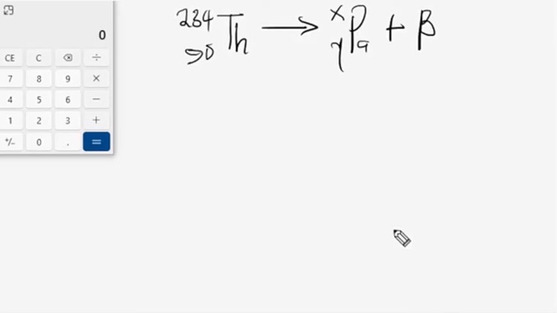So guys, for a beta particle, the mass number will be 0, and then the atomic number will be a -1.